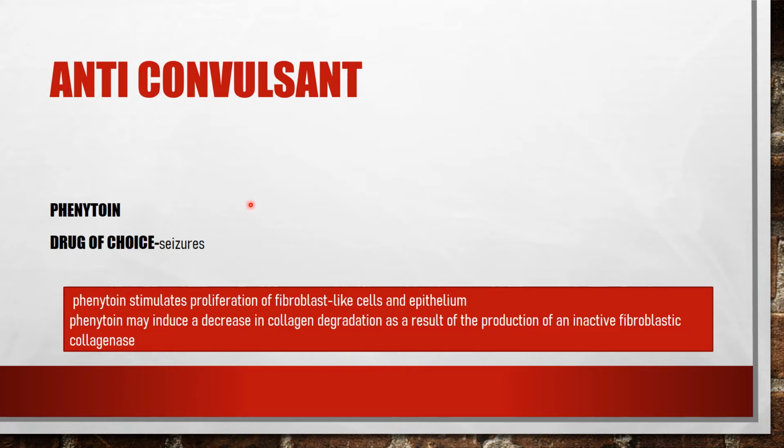The first one is the anticonvulsants. Out of these, phenytoin is the main drug causing gingival enlargement, and it is the main drug of choice for seizures. Phenytoin stimulates proliferation of fibroblast-like cells and epithelium. Phenytoin may induce a decrease in collagen degradation as a result of the production of an inactive fibroblastic collagenase. This is the main reason behind this drug-induced gingival enlargement.